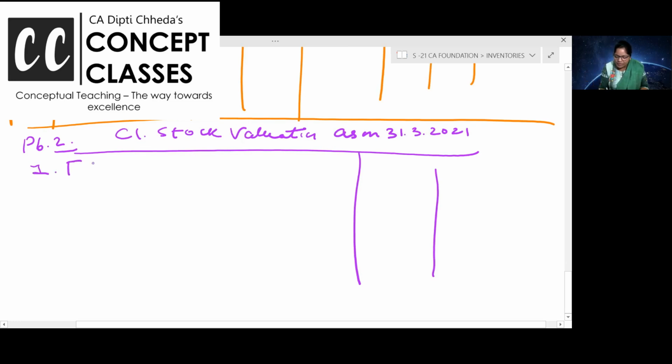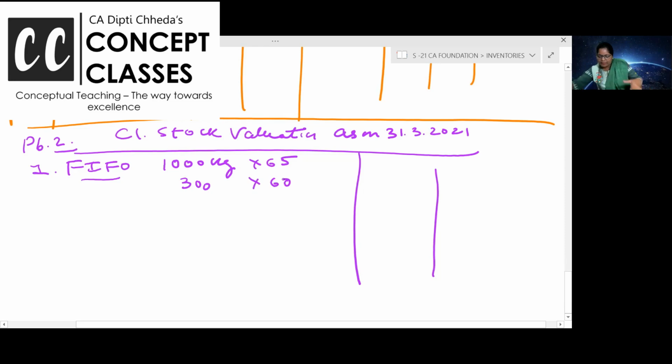Let us do by the first method, first in, first out. Whatever is coming first is going first. So your closing stock of 1300 will be the last purchases: 1000 kg at the rate of 65, and before that 1500 kg is there. So the last stock will remain 300 kg at 60.